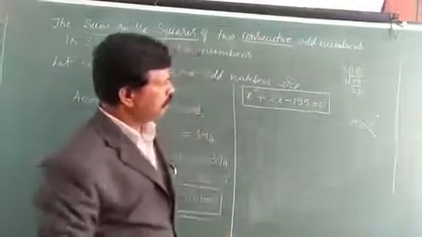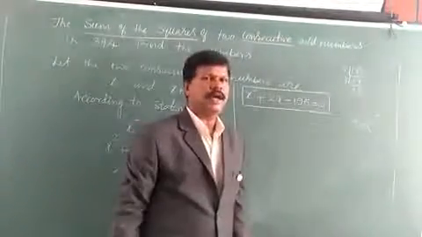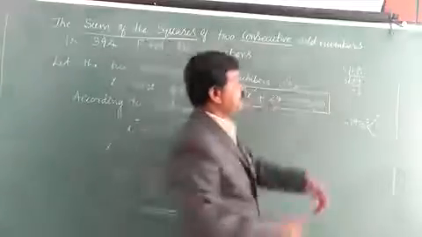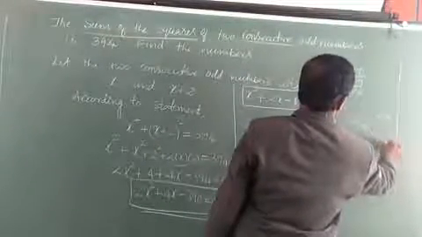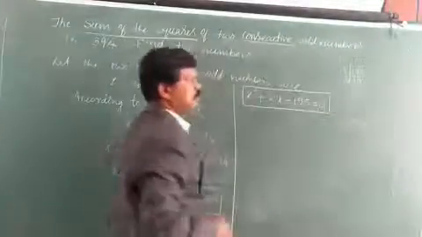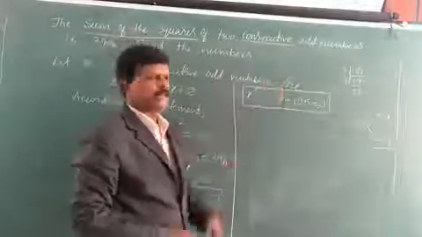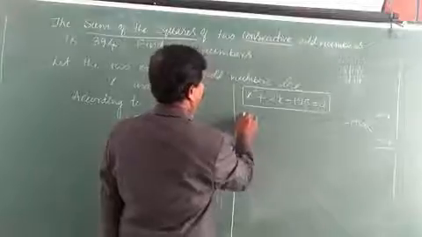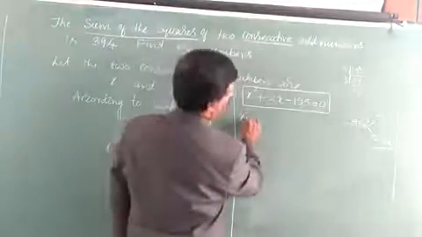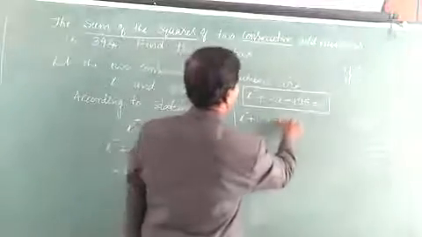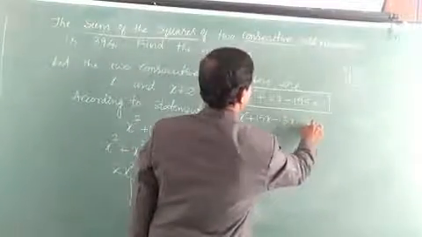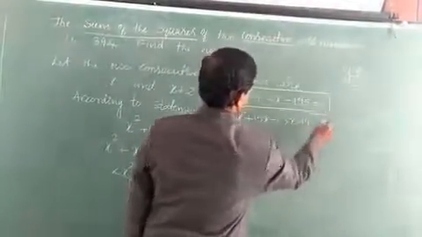Now the prime factors are 13, 3 and 5. Now look at this. 5 3s are 15. So 15x and 13x. So this is the way to find the factors. Now write down here x square plus 15x minus 13x minus 195 equals 0.